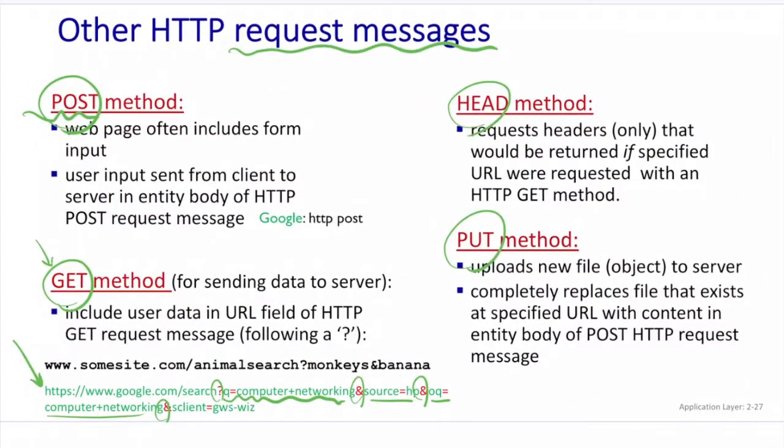So we have 2 different ways to transfer additional parameters from client to server. One is POST. We use the body to transfer the additional information, and the other is to use GET, because the GET URL has no limited size, so you can put a lot of information in the URL.